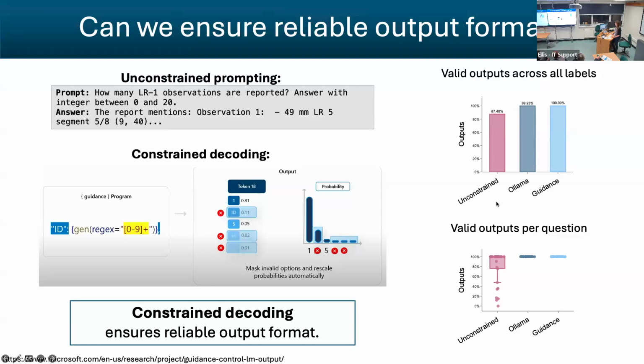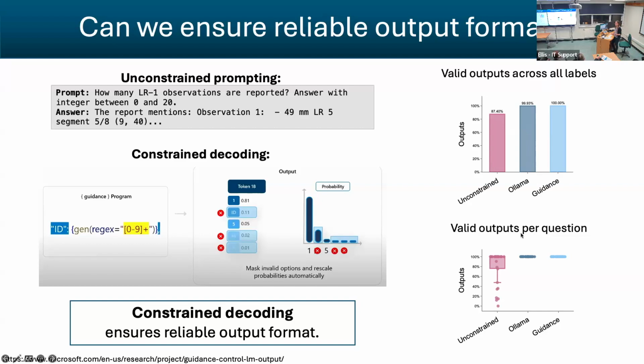So in the unconstrained prompting, we lost 13% of the questions. They had an invalid answer format. And it might not seem like a lot, but amongst 5,000 question-answer pairs, it adds up. And the two implementations of constrained decoding that I implemented both achieved basically 100% valid outputs.